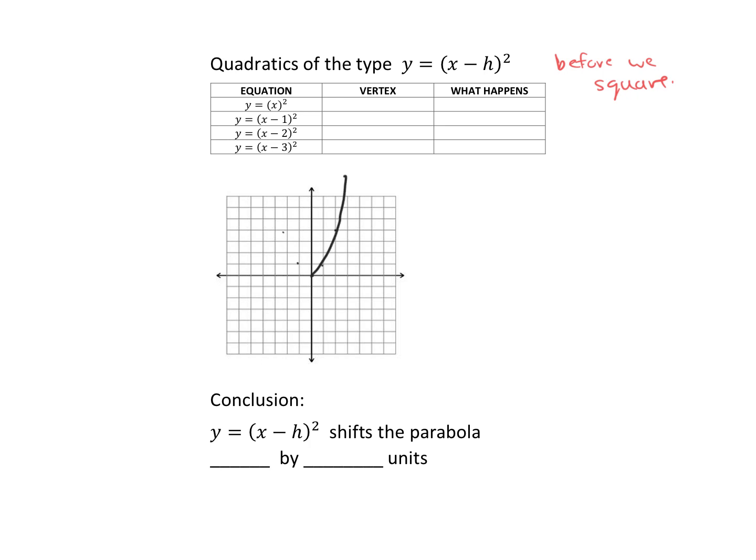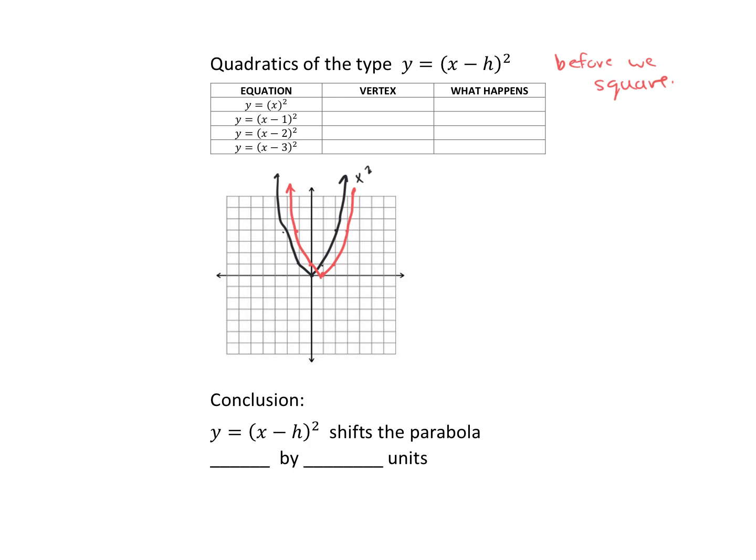Again, you can do this on Desmos, or make a table of values. I'm going to do (x minus 1) squared, and this point is going to shift right 1. Nothing else changes, but every point on that graph goes right 1.